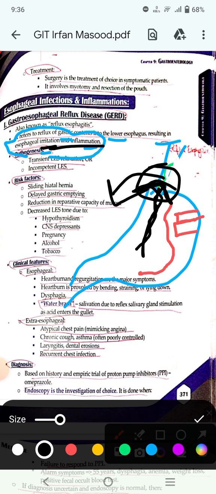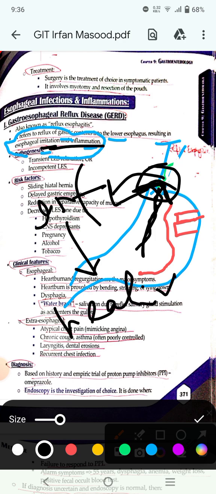You must have read already that inflammation is also a protective mechanism; wherever there is inflammation, healing also starts at that site. The healing process occurs, and if that healing fails, then even an ulcer can occur.